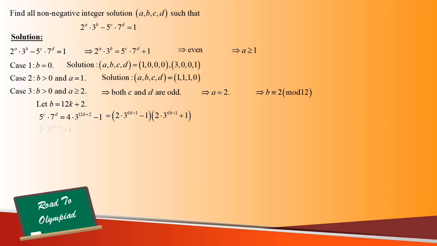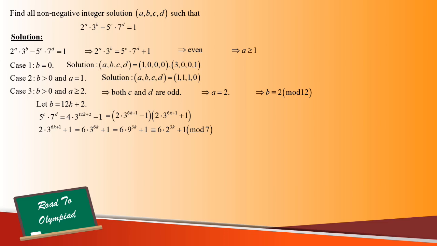Notice that 2 times 3^(6k+1) plus 1 can be written as 6 times 3^(6k) plus 1, or 6 times 9^(3k) plus 1, and this is simply equal to 6 times 2^(3k) plus 1 mod 7, because 9 is equal to 2 mod 7.